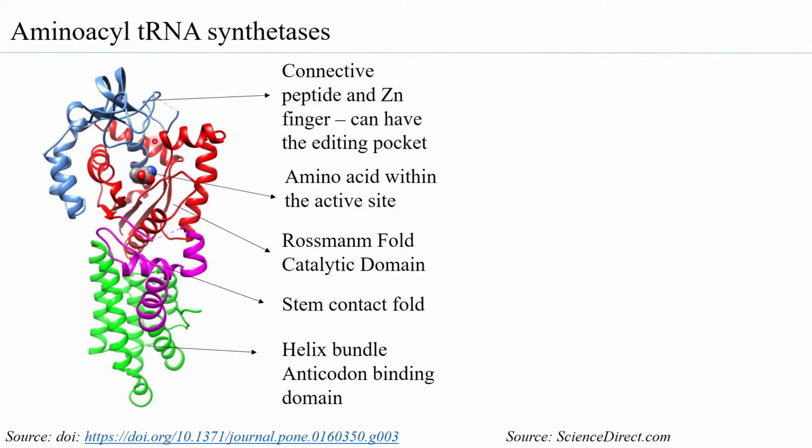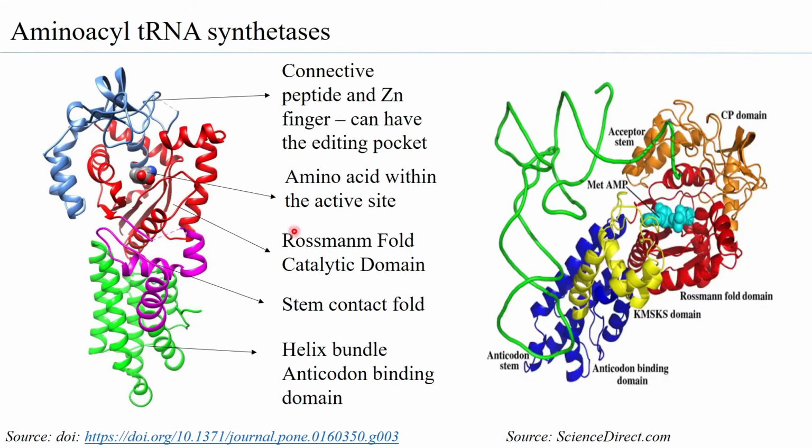So you can already observe that the structure of the aminoacyl-tRNA synthetase is such that it can bind both to the acceptor arm of the tRNA as well as the anticodon domain of the tRNA.